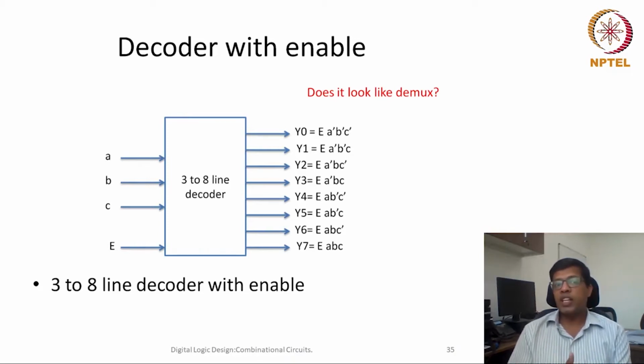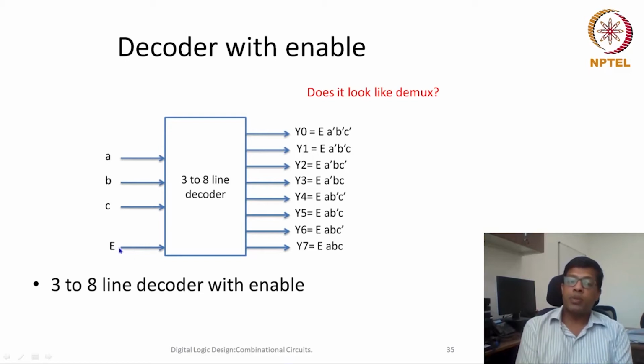So essentially this way, if I make this a standard circuit, and if I keep enable all the time as 1, then this whole circuit can work like a standard decoder, which is 3 to 8 decoder without enable. And if enable is a different input which is connected to enable, then this would be a decoder with enable.